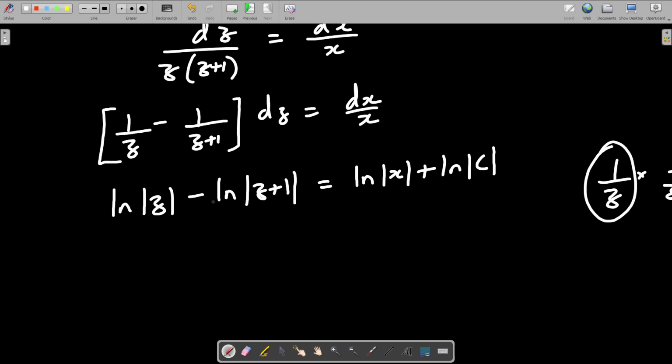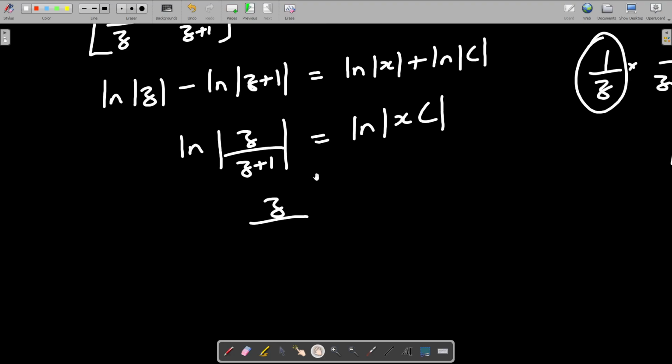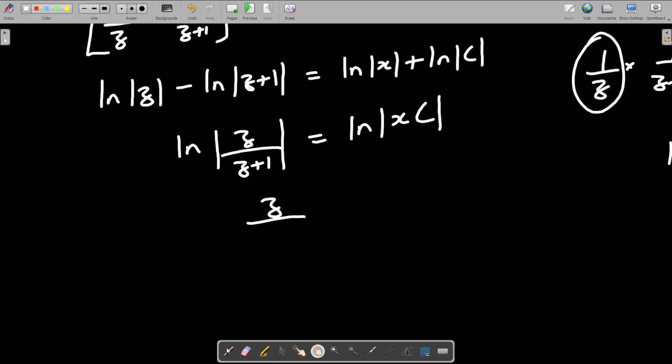Okay, so log of a minus log of b becomes a upon b. So this will become log of z upon z plus 1 is equal to ln of x into c. Okay, so you can take exponential on both sides. This leaves you with z upon z plus 1 is equal to x times c.